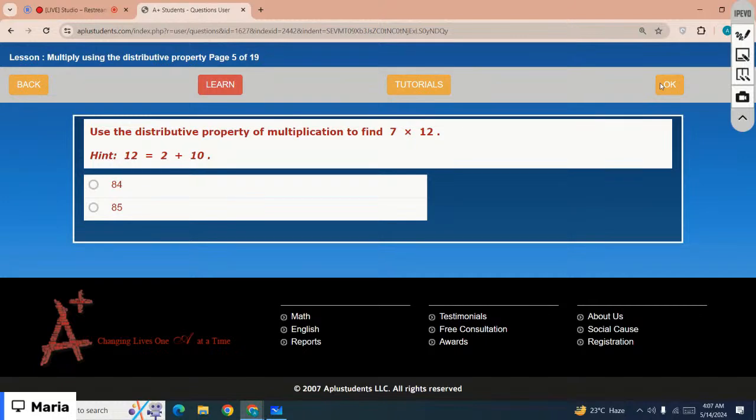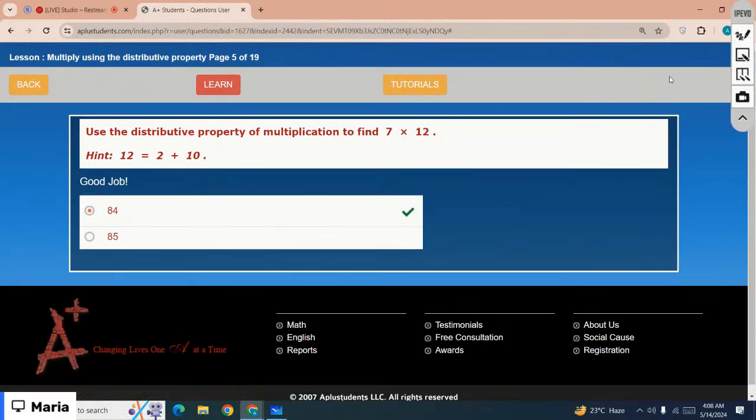The correct option is 12 times 7 is, yes, 84. The correct option is 84.